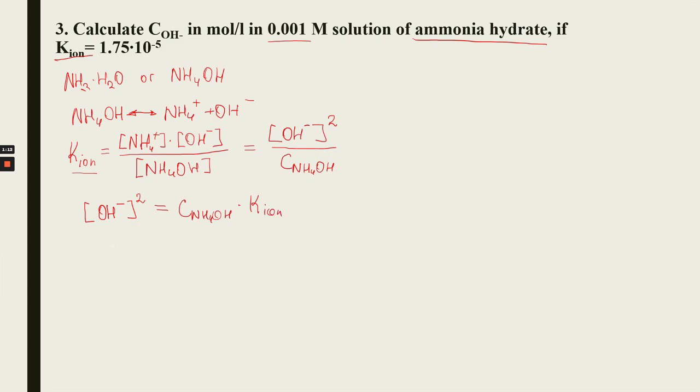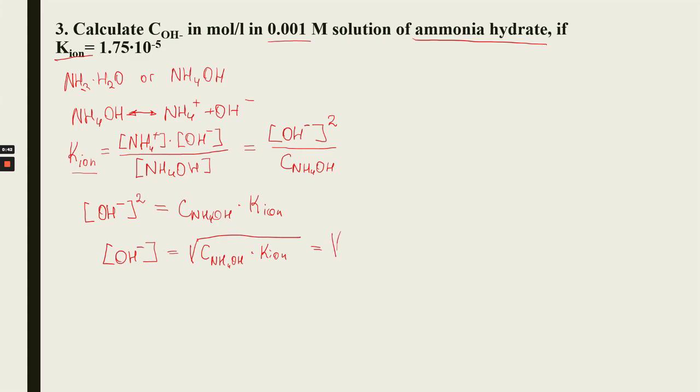multiplied by the ionization constant. And when we have to do some mathematics, the equilibrium concentration of hydroxide ions will be the square root of that product.